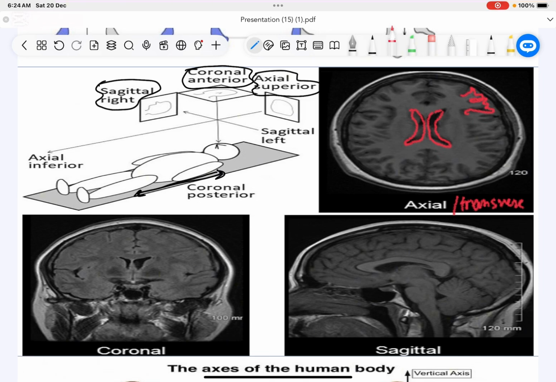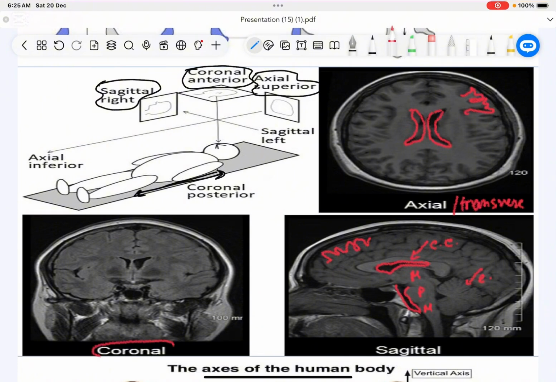On sagittal planes, as it passes from front to back, we can see more defined parts related to the brain. These are again sulci and gyri. This is the corpus callosum. This is the cerebellum, midbrain, pons, medulla oblongata. These are the ventricles, lateral ventricles, and third and fourth ventricles also.